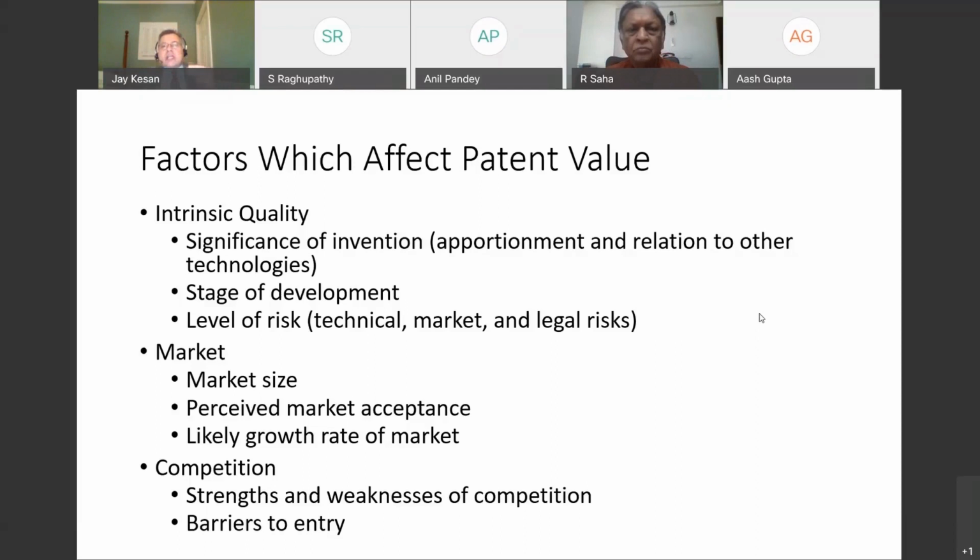How important is this patented touchscreen technology relative to the next available touchscreen technology that could be deployed by a smartphone maker? How much better is your patented technology compared to that? And how much of the additional sales of that phone are attributable to your patented features? So the significance of the invention is, of course, a very important piece.